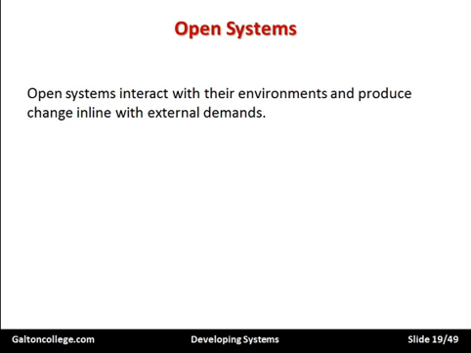Now, open systems. Well, open systems interact with their environment and produce change in line with external demands. So open systems tend to be more responsive to what's required of them by the wider environment. Open systems are much more in tune with what's happening in the wider environment and respond to what's happening.